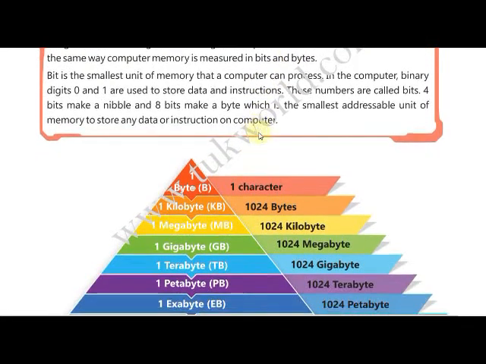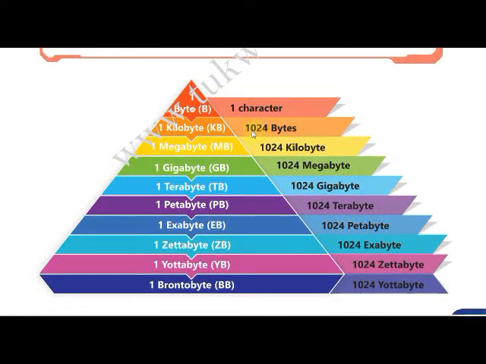Understand? So here we have a pyramid in which different units are listed. First is the byte. Byte means a single character. Then below byte, the next one is 1 kilobyte. One byte means one character.